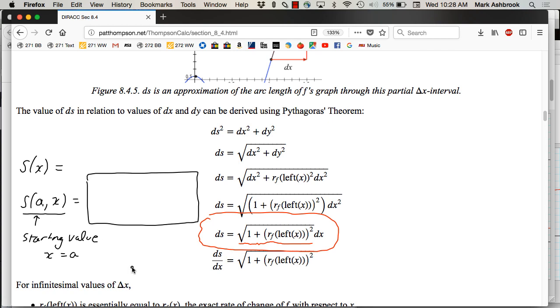Accumulation of arc length starting at a up to x. If you're following what we've done so far this semester, you should be able to write out what that is.